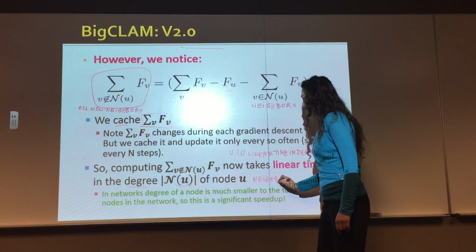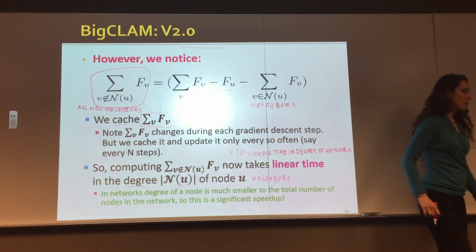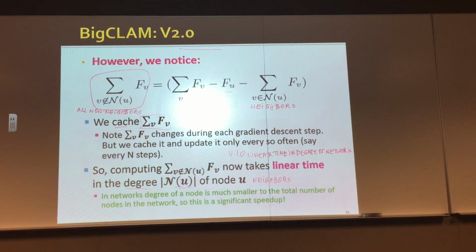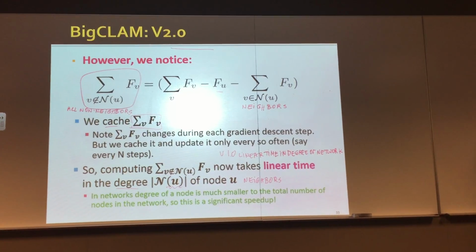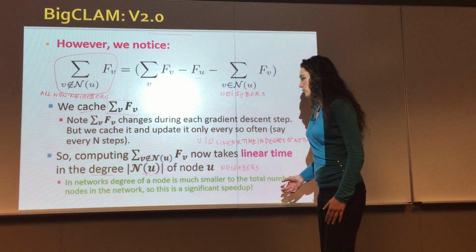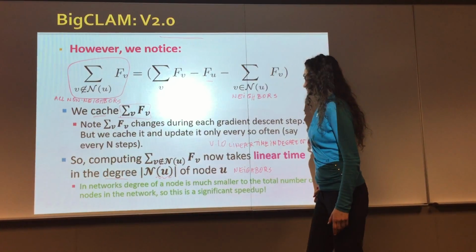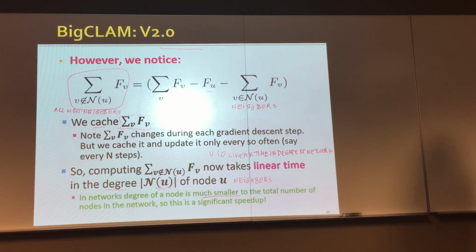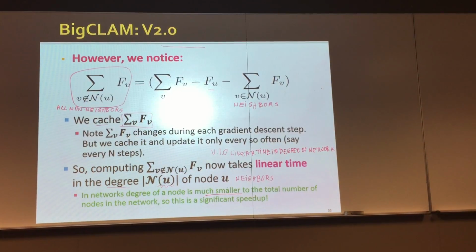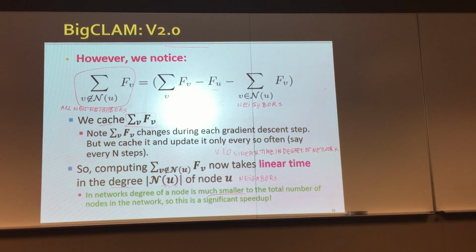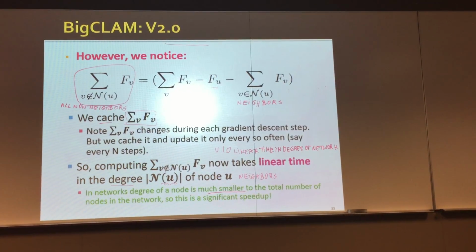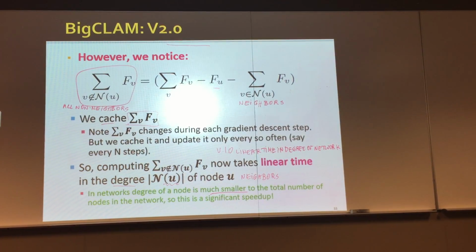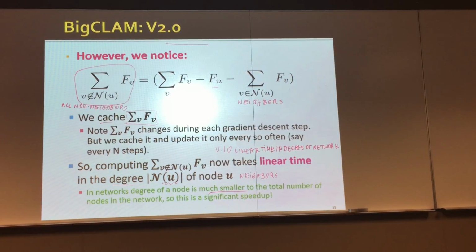So the only thing we need to search is the ones that are directly connected to it. And considering the fact that most nodes have just a few connections to other nodes, that's much smaller time than searching through all of the nodes in the network. So the node connects to a small fraction of the total nodes in the network.